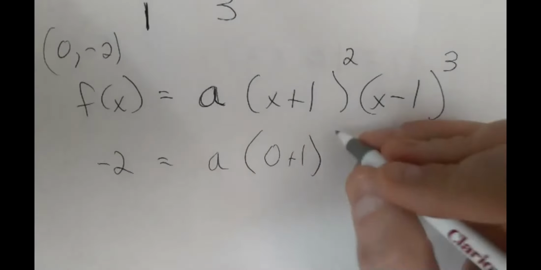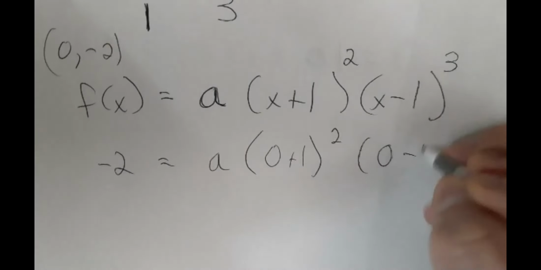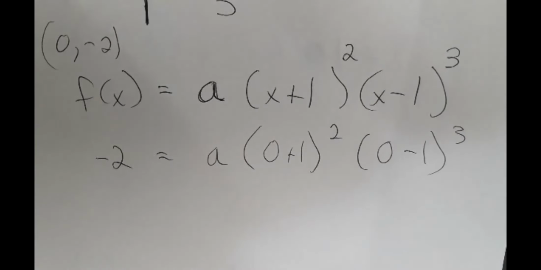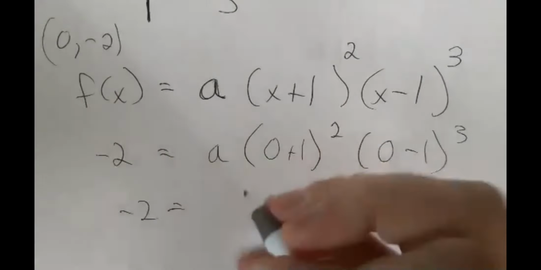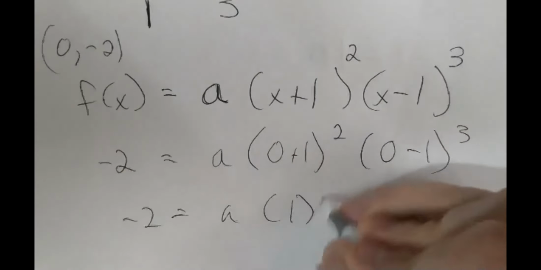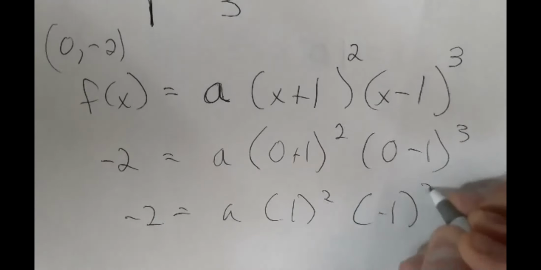I'm doing 0 plus 1. This one's going to be squared. I'm doing 0 minus 1. This one's going to be cubed. So there might be an issue of do I have a positive or negative here, right? I think it's probably the question that you have. Having 1 squared, having minus 1 to the cube.